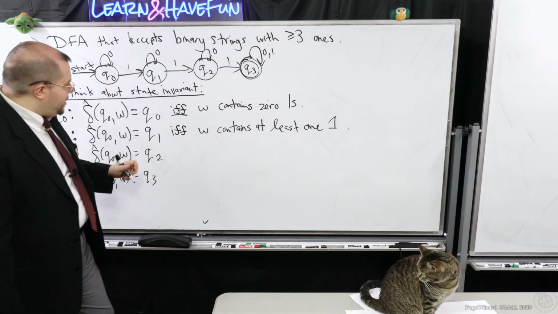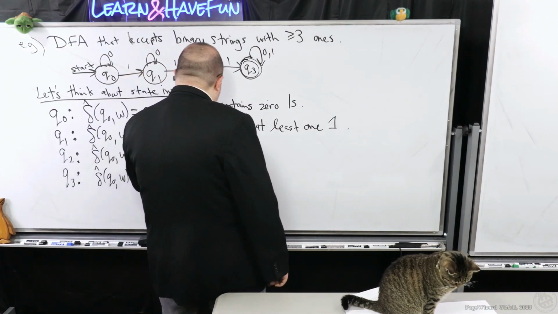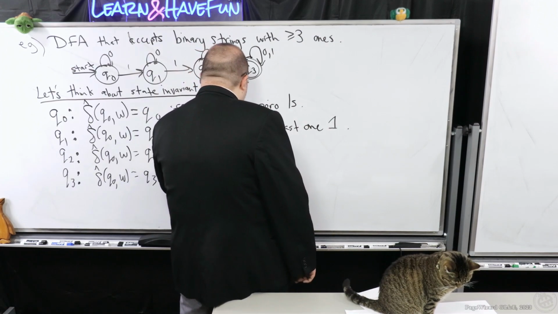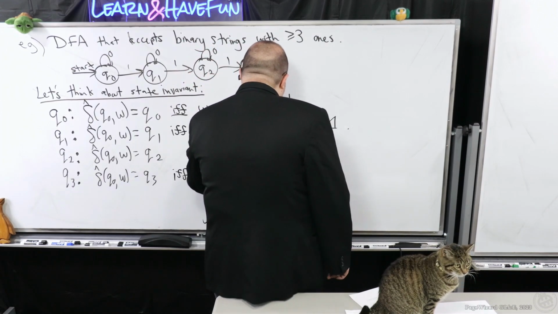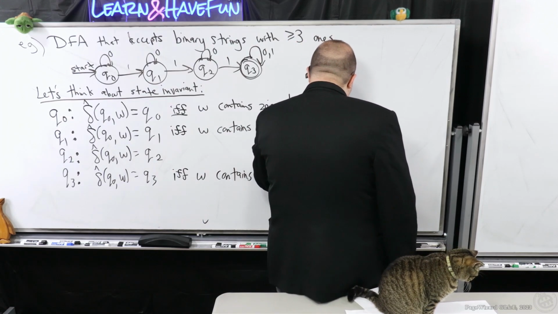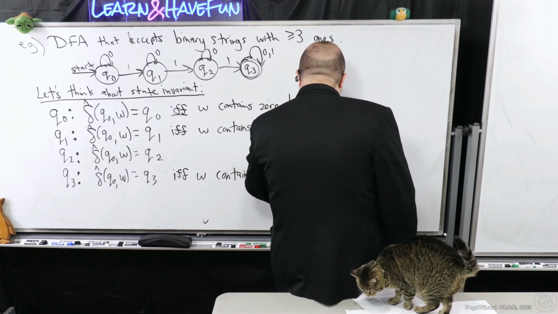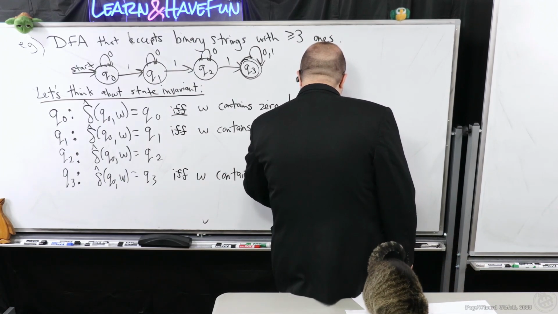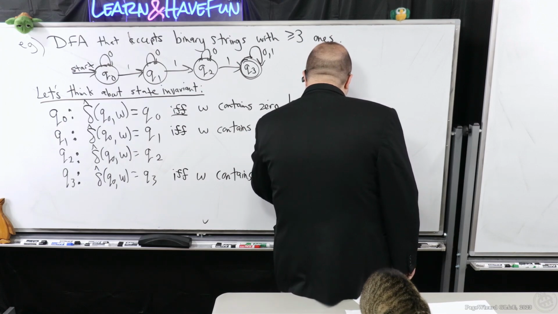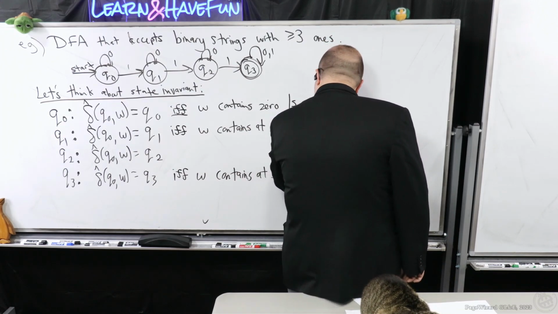So Q3 is the one that we're interested in. You know right away a pretty good guess of what the invariant should be here is that it contains at least 3 ones. Or in fact, I'll write 3 this way. It's a little less confusing. At least 3 ones.